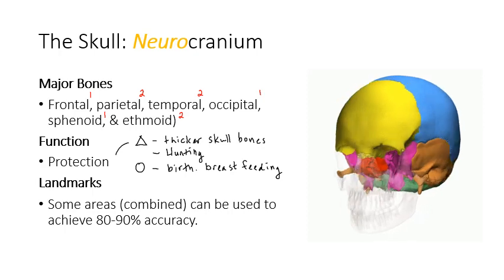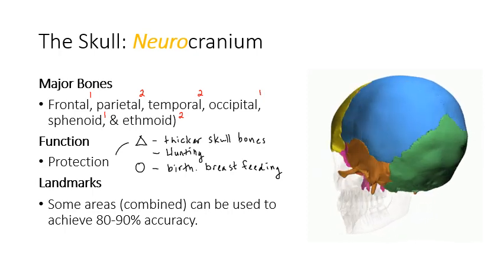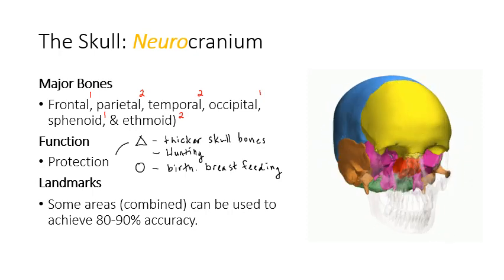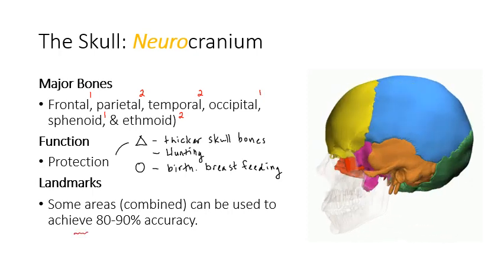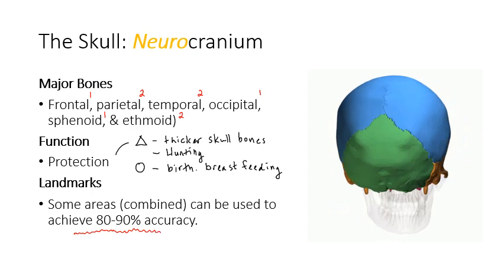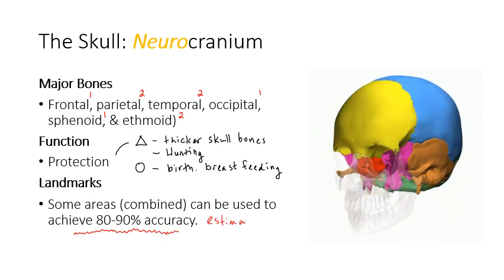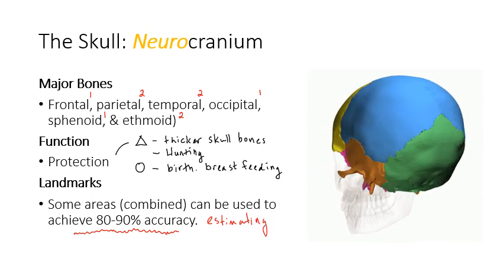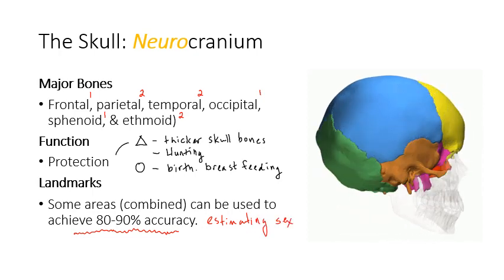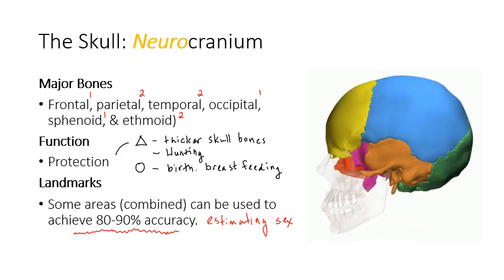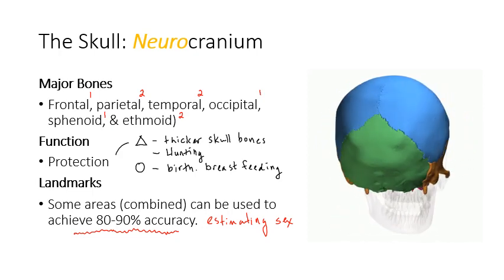And when we use the number of these features or these landmarks in comparison, and this is a very good percentage to know for a test, we can achieve 80 to 90% accuracy when estimating biological sex. Okay, so let's move on to the next part of the cranium.